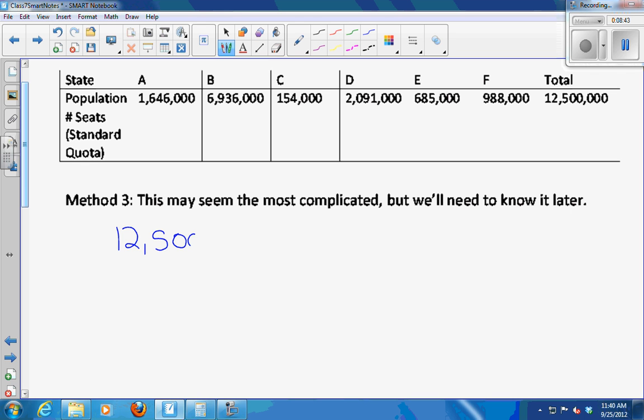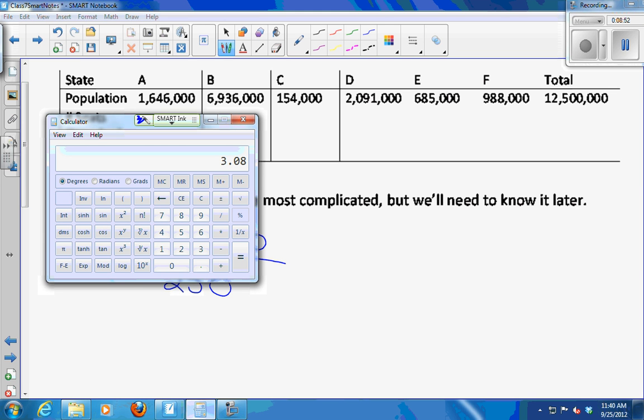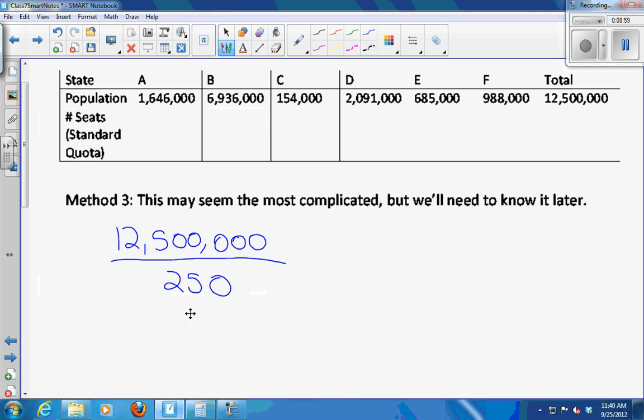You got it. 12,500,000 people divided by 250 seats, and you get 50,000. 50,000 people per seat. So each person in Congress is supposed to represent 50,000 people.